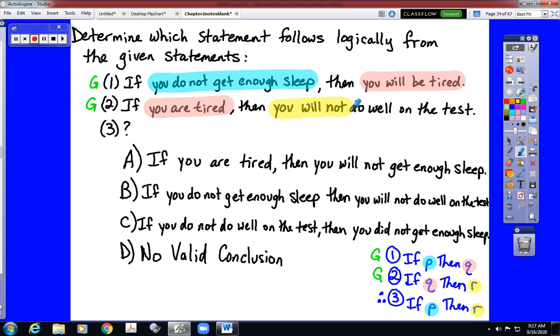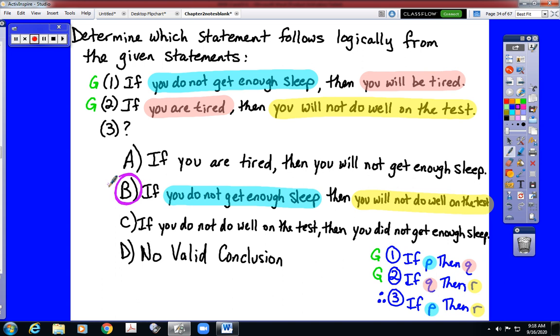Then you will not do well on the test. Because the two givens match the pattern, there is a valid argument to be drawn. It should start with if you do not get enough sleep, which is the only example there, B, then you will not do well on the test. Notice that statement B is the one that matches our pattern. That is the correct answer to this question.